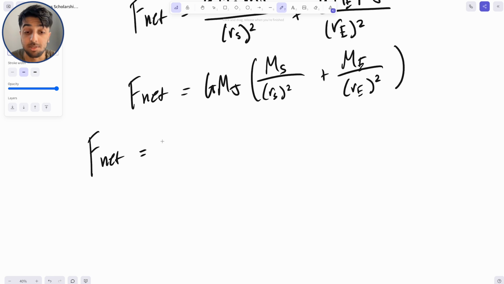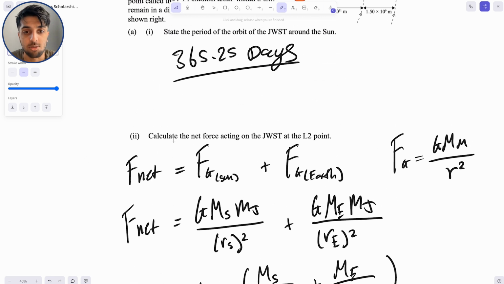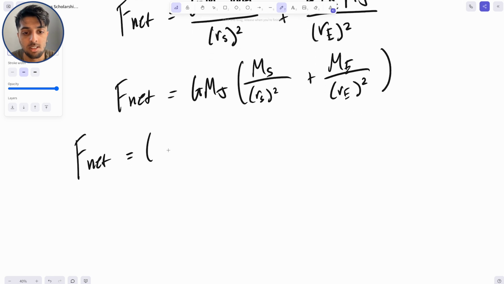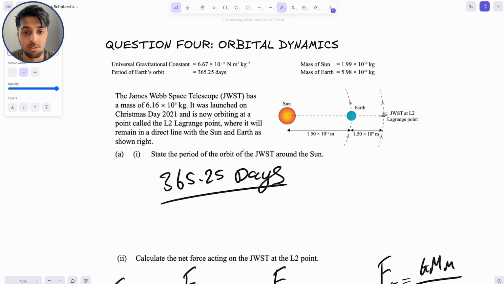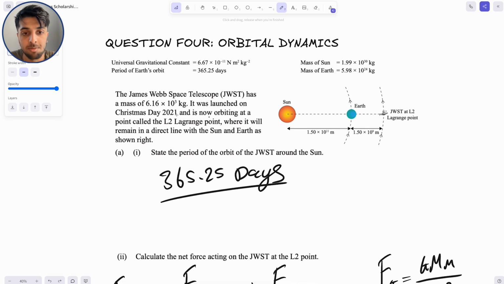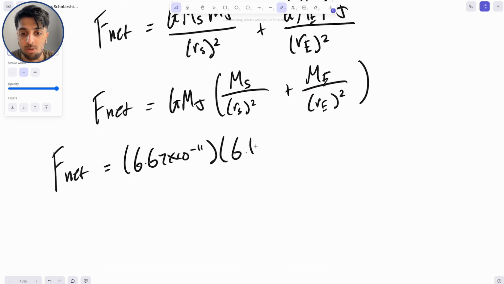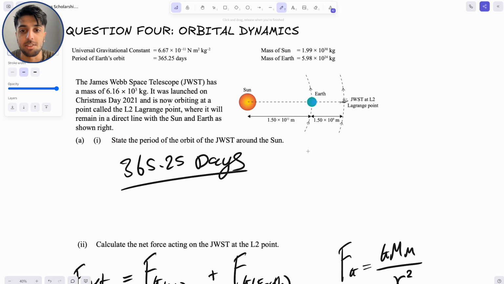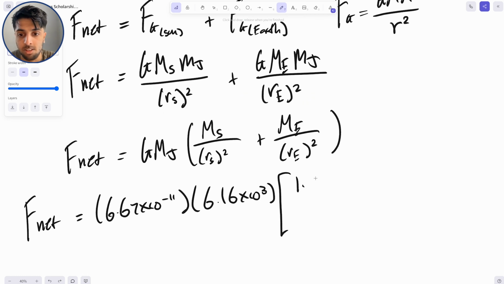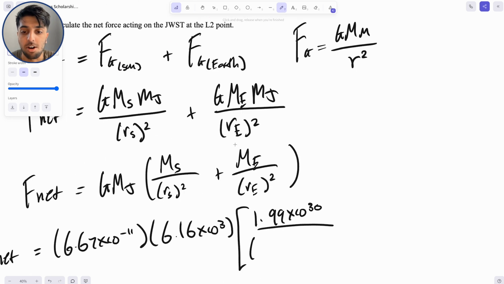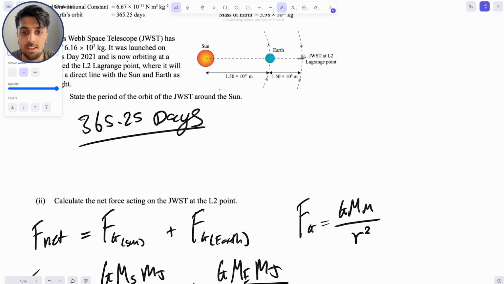we get the gravitational constant, which is 6.67 times 10 to the negative 11. The mass of the James Webb Telescope is given right here, so that's 6.16 times 10 to the 3. And then we've got the mass of the Sun, which is 1.99 times 10 to the 30. And now Rs is this distance here plus this distance here.